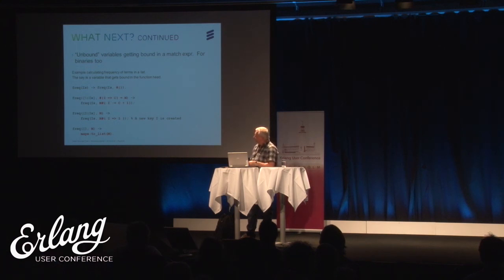Suppose you have this variable I, which is unbound, but it gets bound here. Then it is bound here. So then you're using the value here for a key lookup in the map. But implementing this goes into how the order of matching is defined in a clause like this as well.